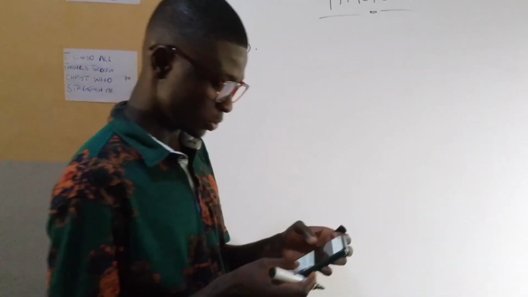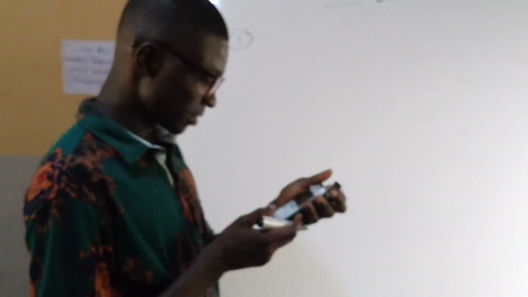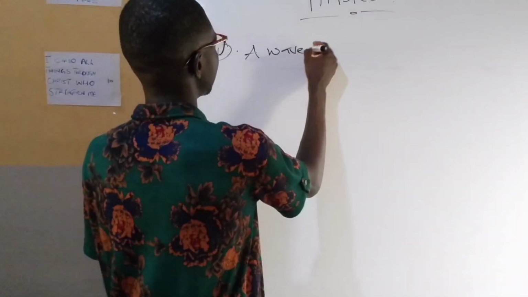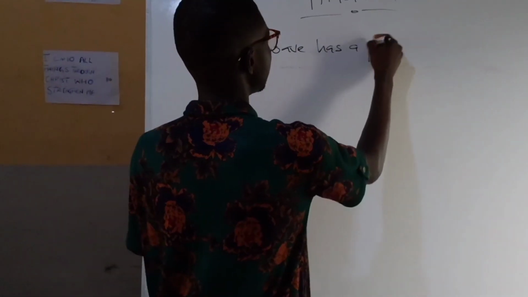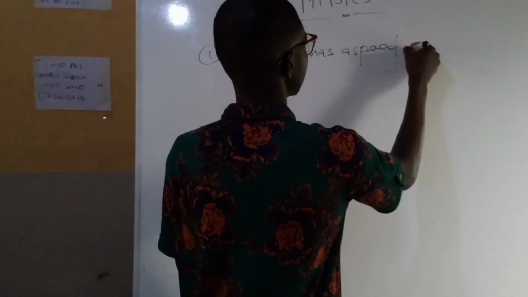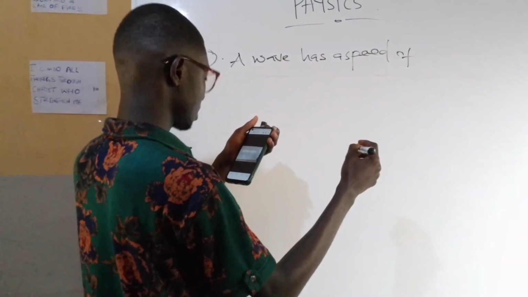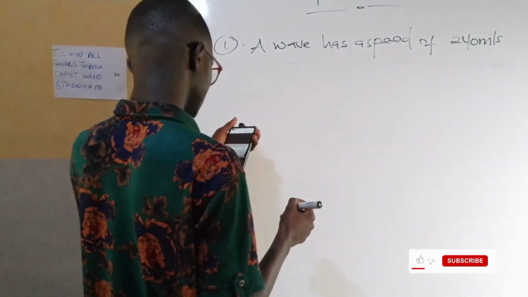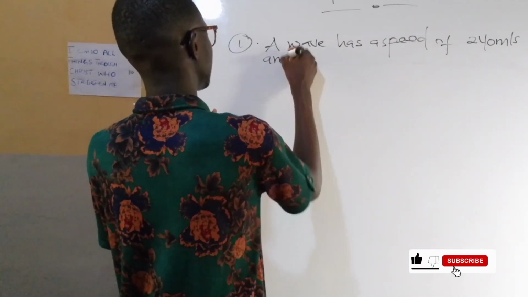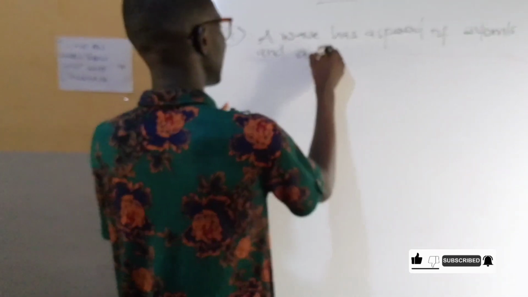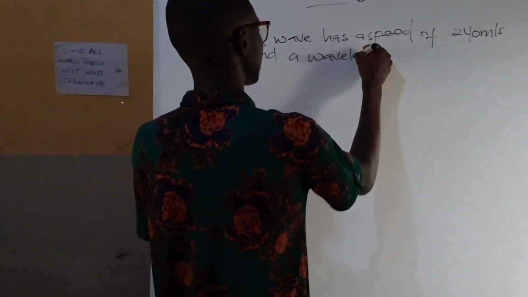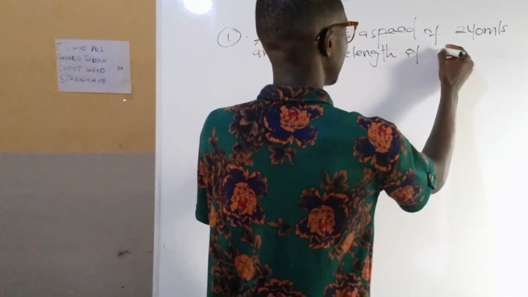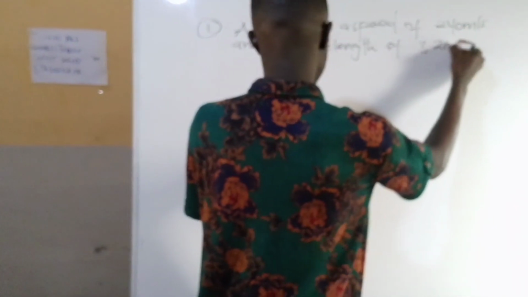So our first question for today is: a wave has a speed of 240 meters per second and a wavelength of 3.2 meters.